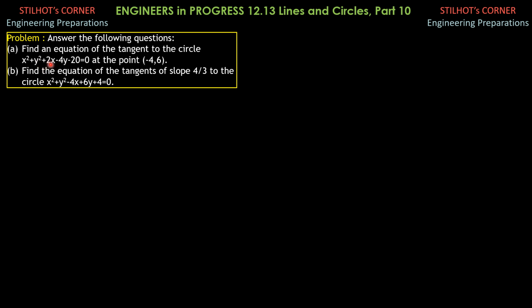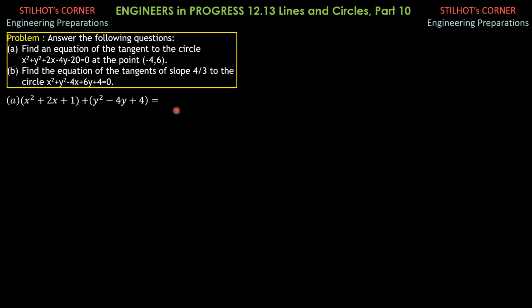Let's complete the squares in x and in y. So x squared plus 2x plus 1, where 1 is 1/2 of 2 squared, plus y squared minus 4y plus 4, where 4 is 1/2 of -4, which is -2, then squared, so 4, equals 20.